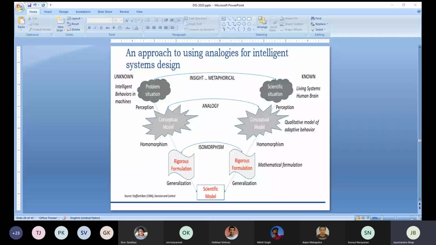Hope you will agree with me. Hope you didn't forget. Okay. So you are going to understand different functionalities, how they are changing with respect to time and different conditions. So when you observe that, you are going to build a qualitative model of adaptive behavior.